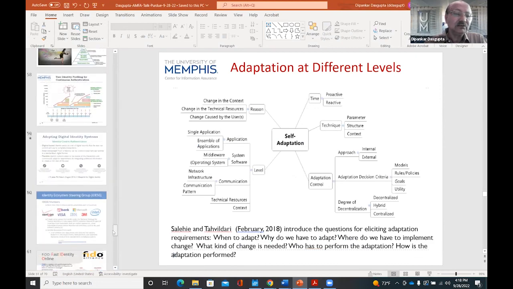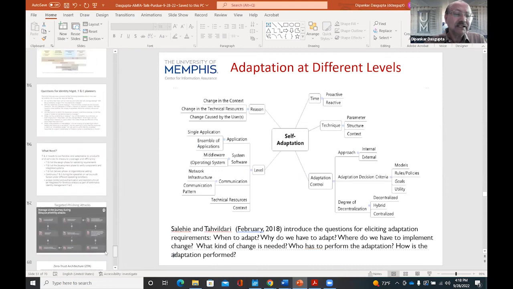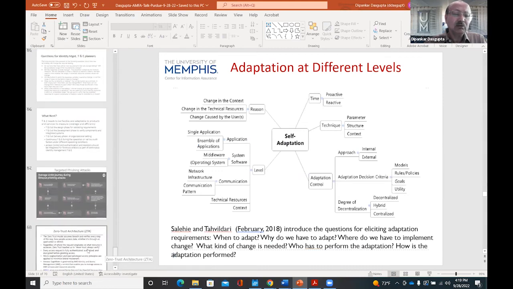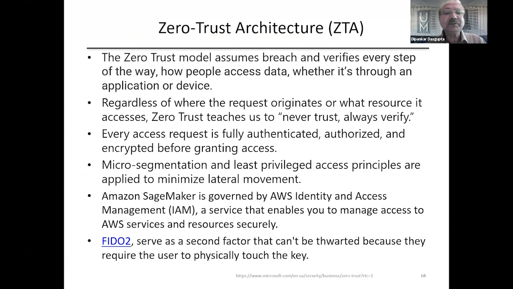There is an identity ecosystem, and the area that is now more important, what we are working on, is how this adaptive multi-factor can address the zero trust architecture that the federal government is pushing for.